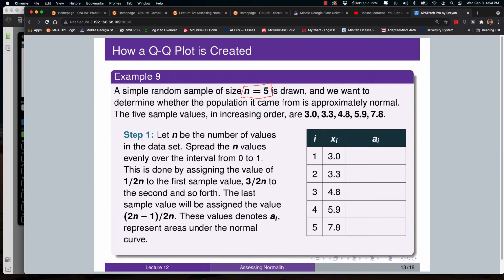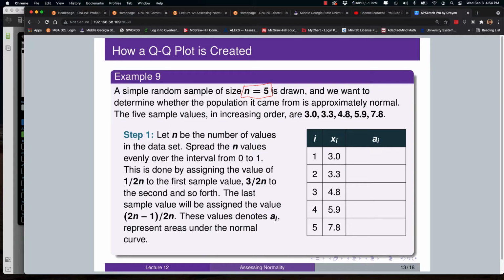Then we spread the n values evenly over the interval from 0 to 1. All right, what we're going to do is find proportions. So this a sub i value here is going to be the proportions that we break down, so we get some theoretical proportions to be able to find the z-scores for under the normal curve.